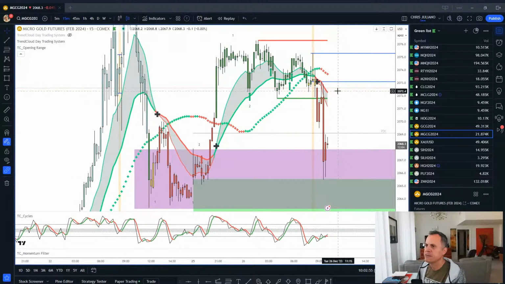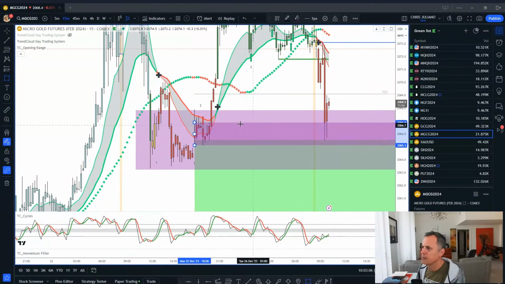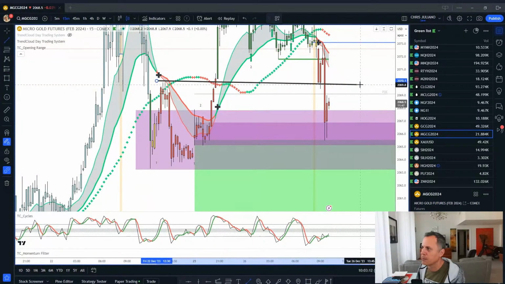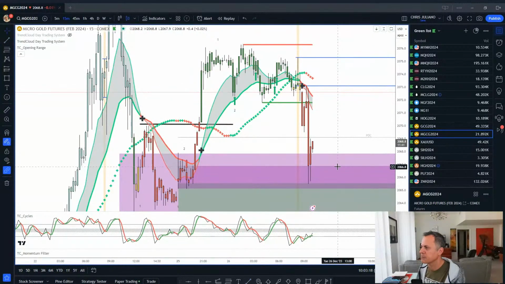What about the 15-minute chart? Pulled into there. 15-minute chart broke structure, made a nice move. And that's where we are reacting. All right, we'll make that one green because it did break structure.